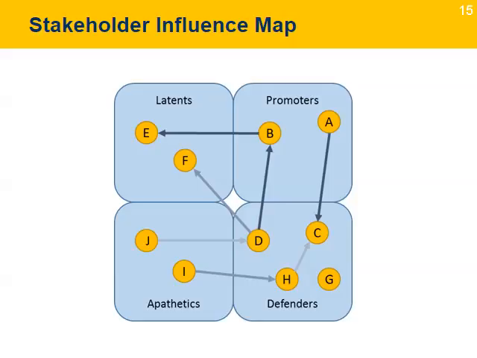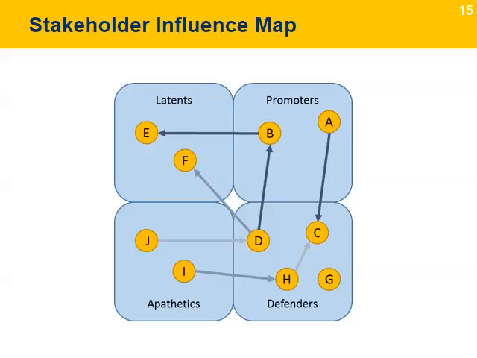Another application of this map is to identify the influences that exist amongst stakeholders. Stakeholders also have some influence on other stakeholders, and that information can be valuable for the project leader. In some cases, the project leader may not have a direct access to a key stakeholder, but by using the influence map, he can identify those stakeholders that can help him approach other stakeholders that are difficult to reach.